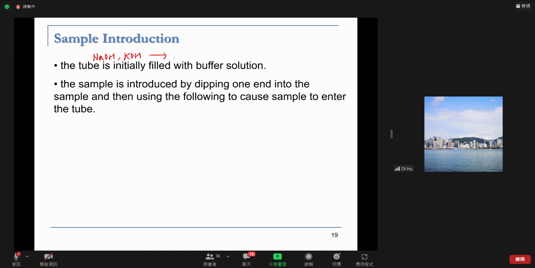To ionize the inner wall of the capillary tube, to ionize the silanol groups. Okay, so this is why we do that. And then, what happened?